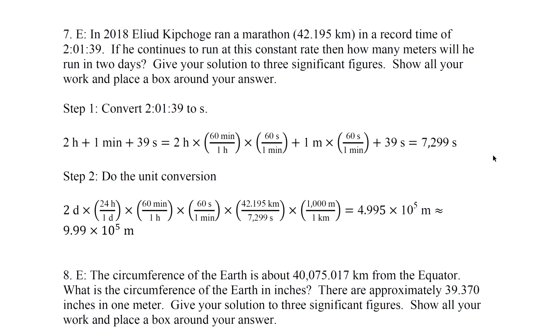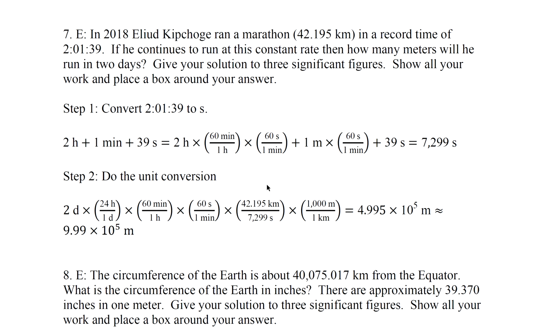Now let's do the unit conversion, step 2. So how long will he run in 2 days if he runs at the constant rate? So we'll start with 2 days. There's 24 hours in a day, 60 minutes in an hour, 60 seconds in a minute. Now 42.195 kilometers is equal to 72.99 seconds.